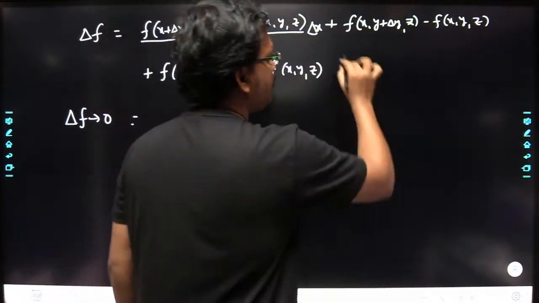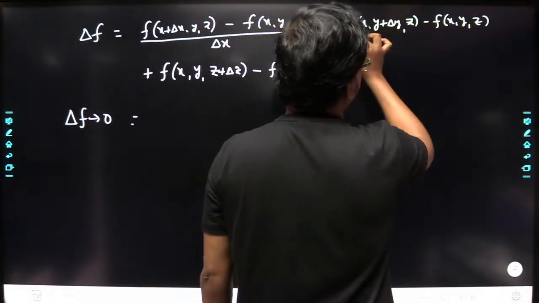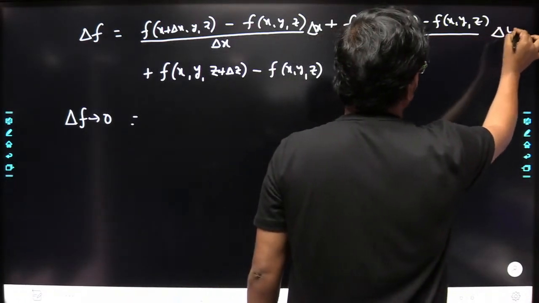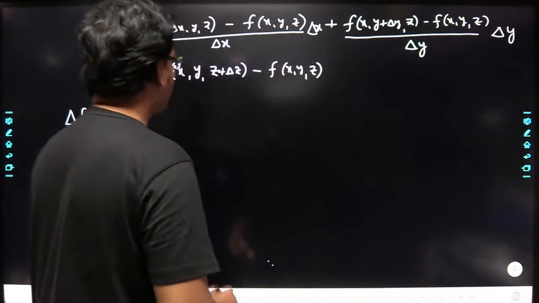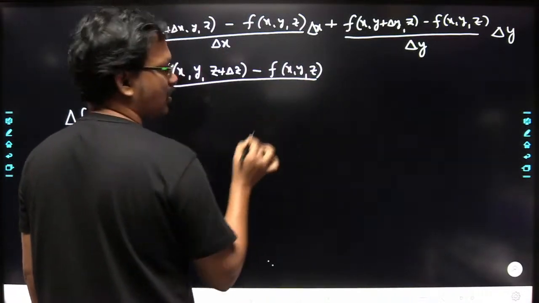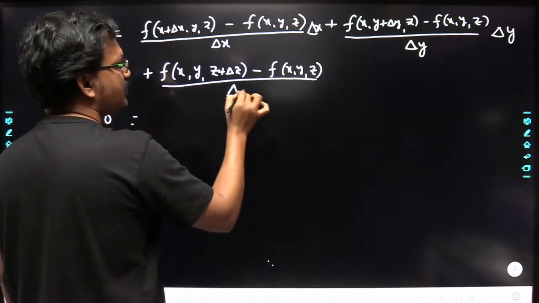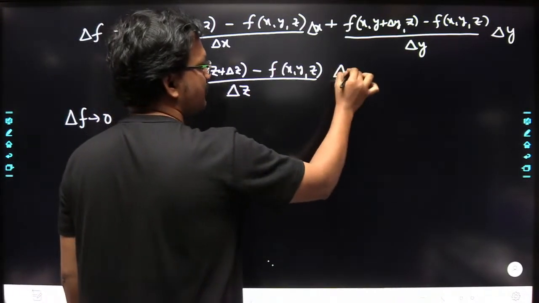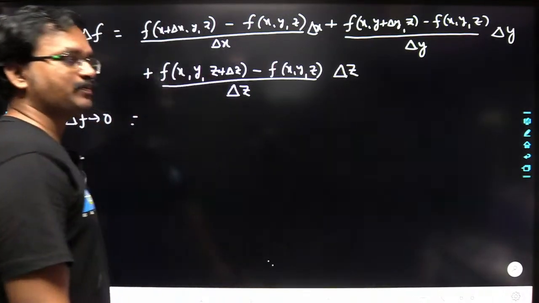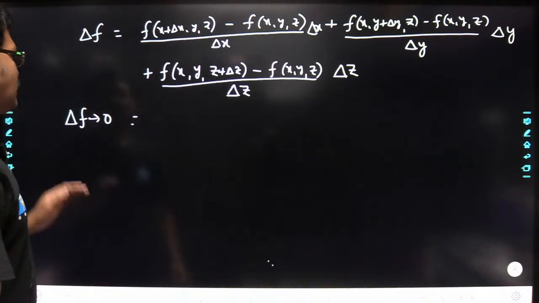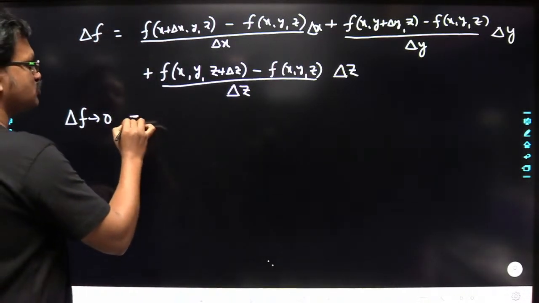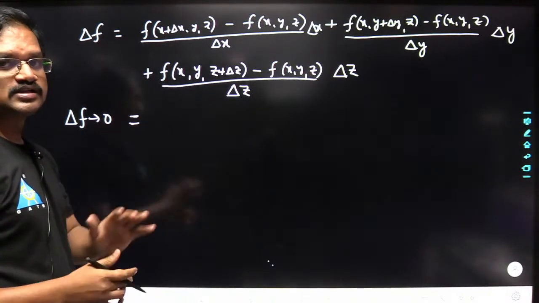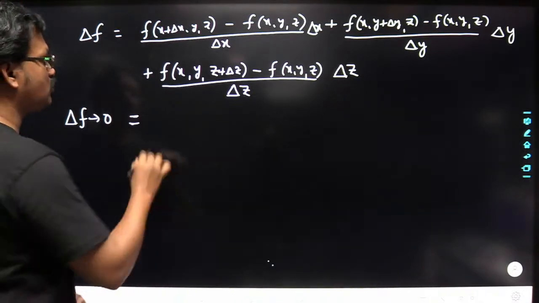And here I am dividing this change in function along y with delta y and multiplying with delta y. Here this is the change in function along z, so divided by the change in z, that is delta z, multiplied by what? Multiplied by delta z. Now here delta f tends to 0, so this means what? This means delta x tends to 0, delta y tends to 0 and delta z will also tend to 0. Yes or no?